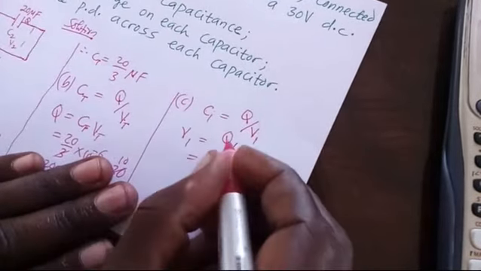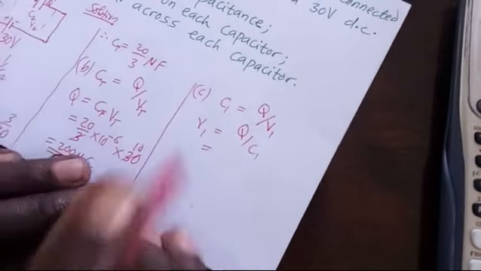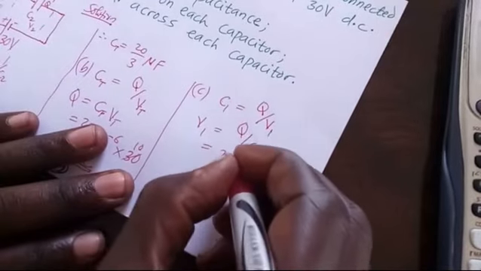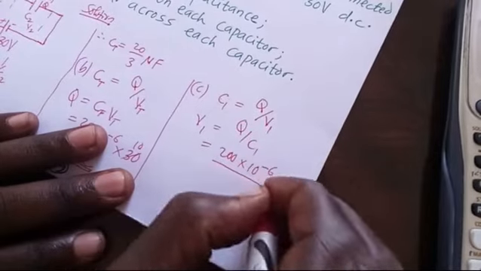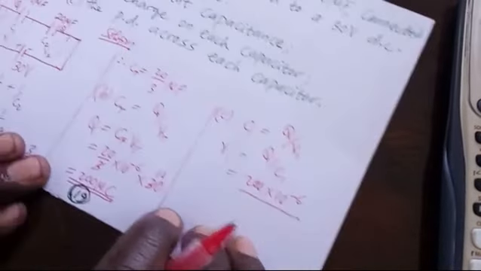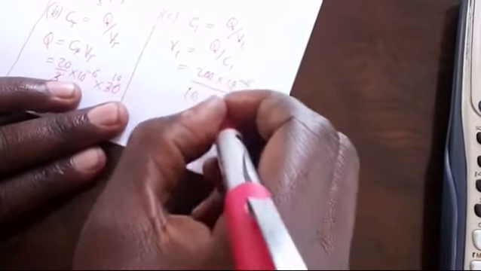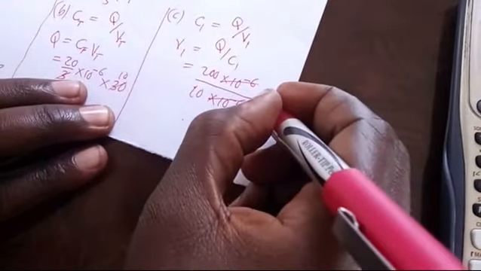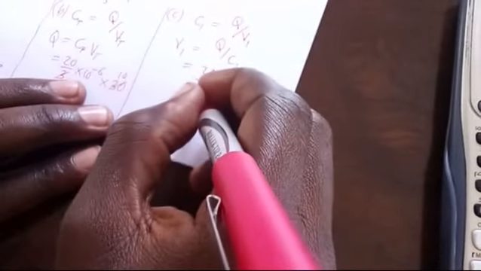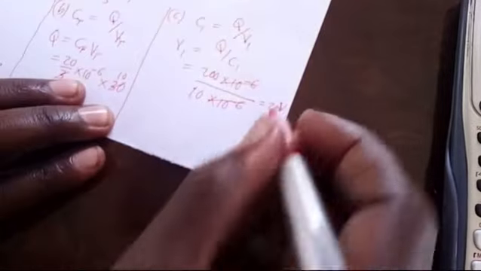You already calculated Q as 200 microcoulomb, so you have 200 times 10 raised to the power of minus 6 divided by C1, which is 10 microfarad. Remember, micro is always 10 raised to the power of minus 6. Clearly this cancels this, and 200 divided by 10 is 20. PD is measured in volts, so you have 20 volt.